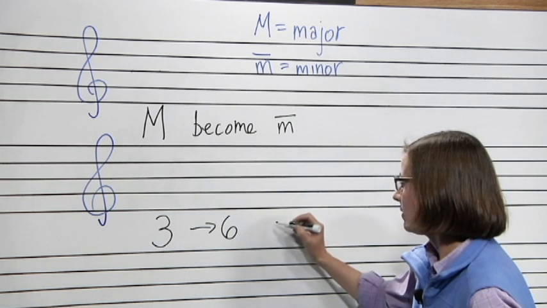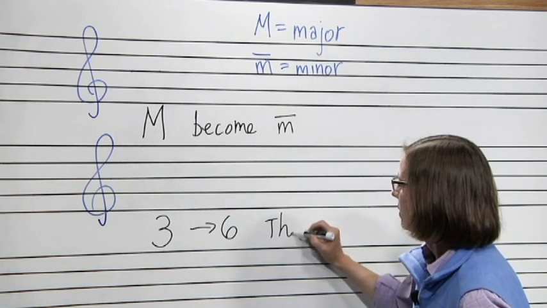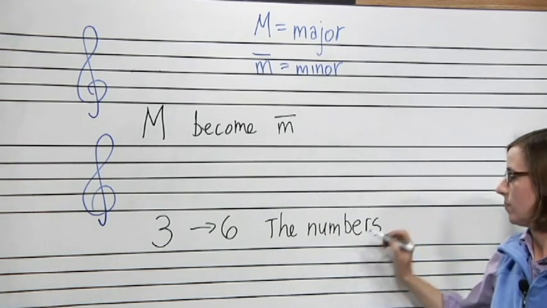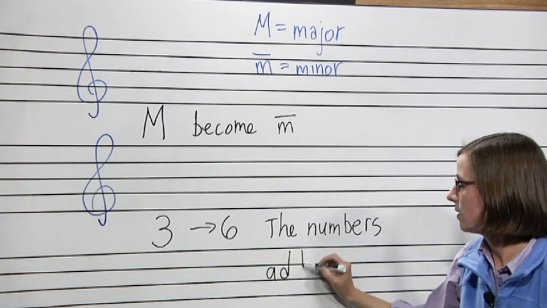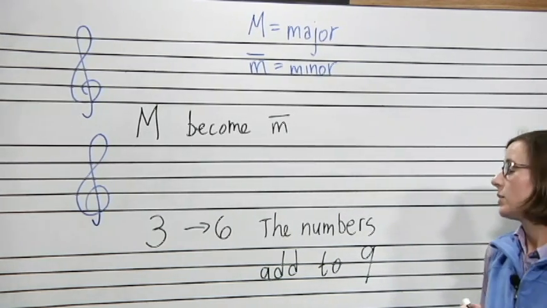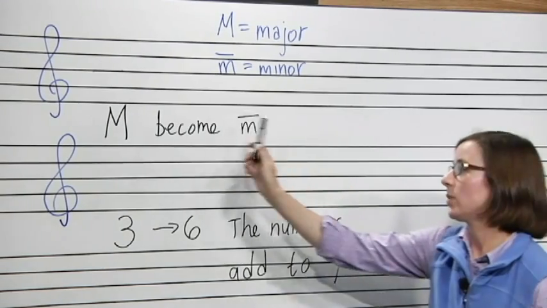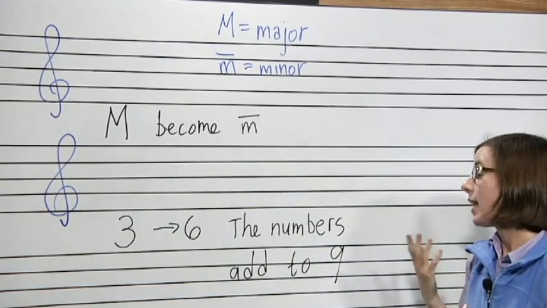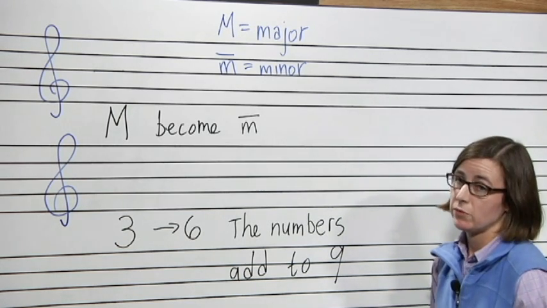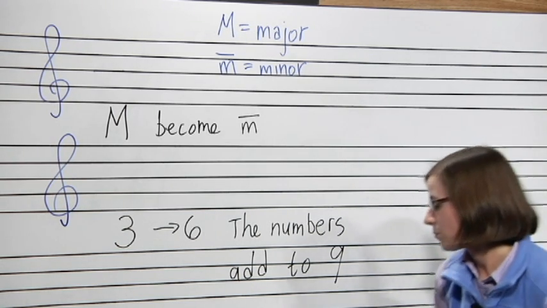So what that means is that the numbers add to 9. Major becomes minor, and minor becomes major when you invert an interval, and the numbers add up to 9. There's still one more piece of information, and that is the half steps.